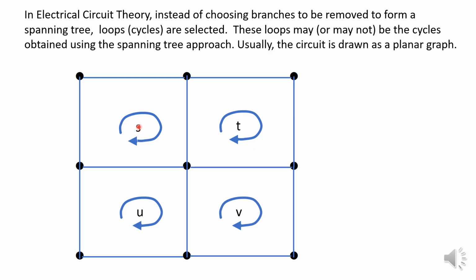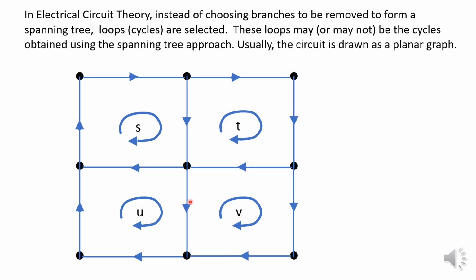And then you can express the currents in each of the members by the loop currents. So what we do, we introduce an arbitrary orientation of the branches. Orientation means we give a direction to the branches indicated by the arrows as shown.